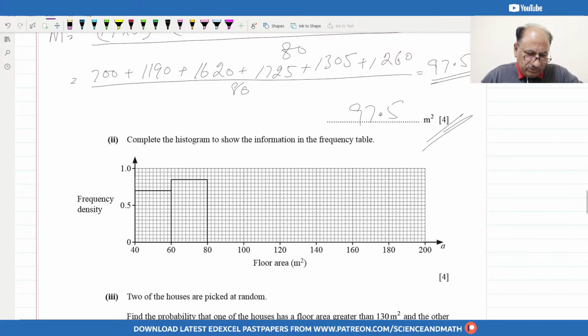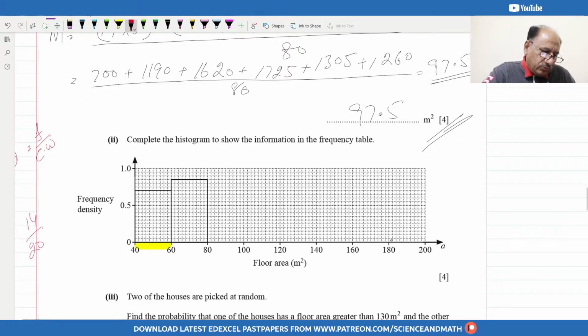The first one they have shown is 40 to 60, and this is 20, and we should get 14 divided by the class width. We know the formula: height is equal to frequency divided by class width, that is basically frequency density.